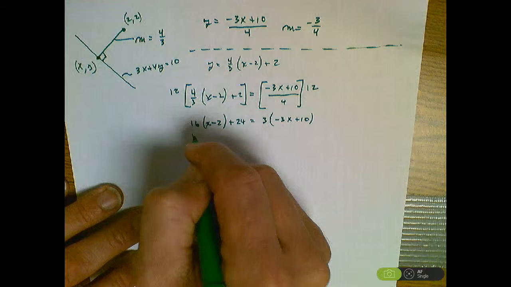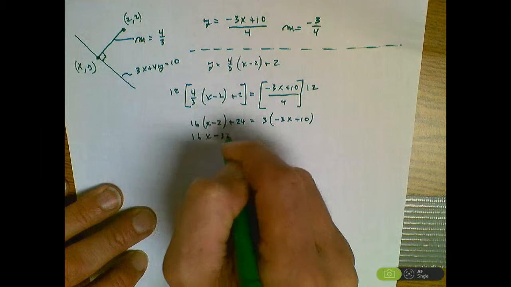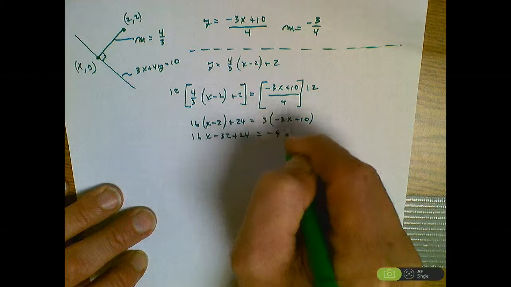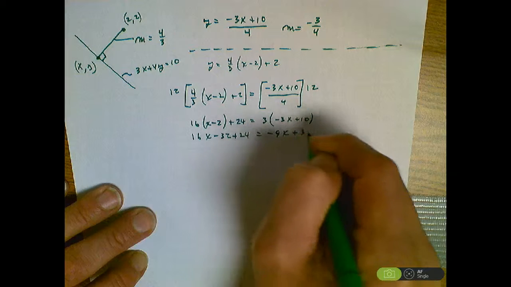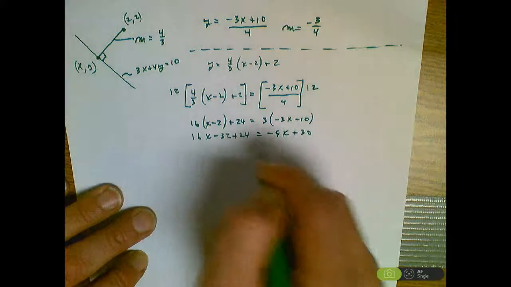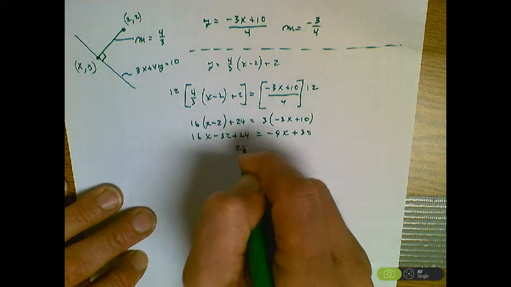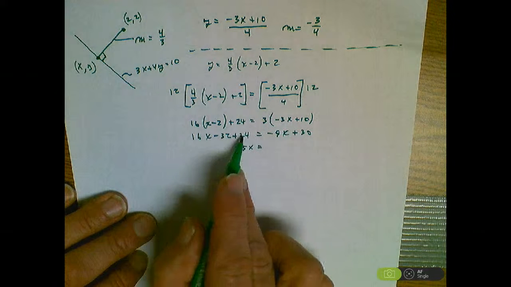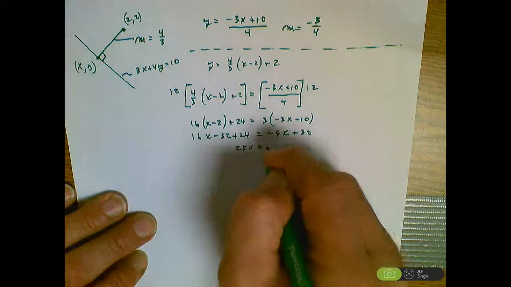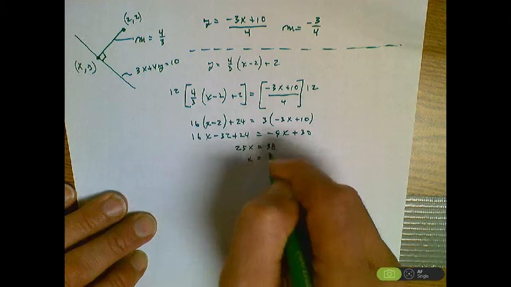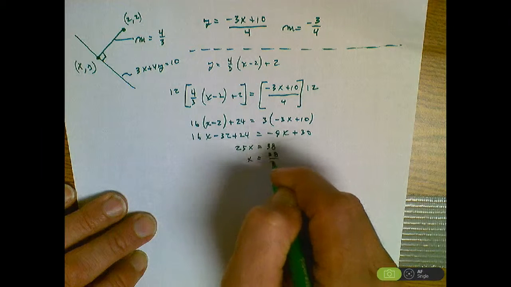Distributing, we get 16x minus 32 plus 24 equals negative 9x plus 30. I'm going to bring this 9 to this side, and I'll have 25 x's. And then I'll bring the negative 8 to this side, and that's going to be 38. So x is equal to 38 over 25.